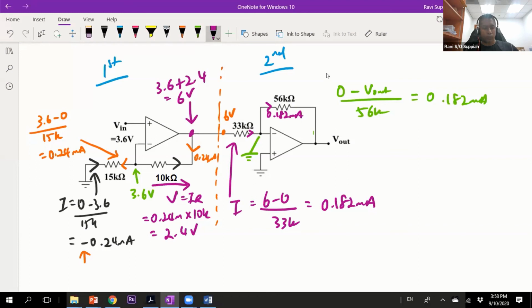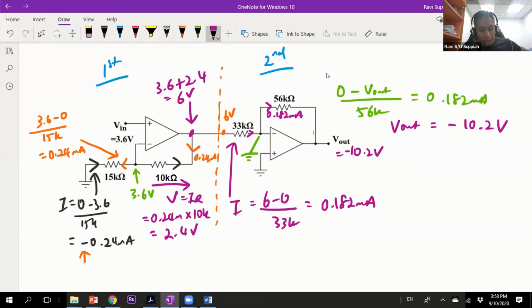By rearranging, you'll get V out equals negative 10.2 volts. So the voltage at the output here is negative 10.2 volts.